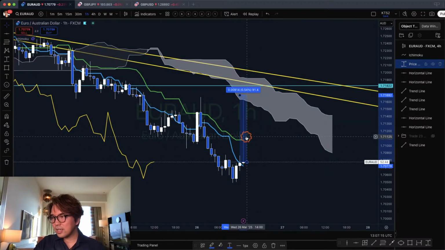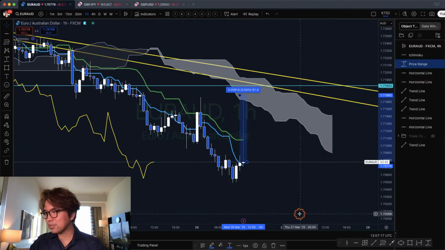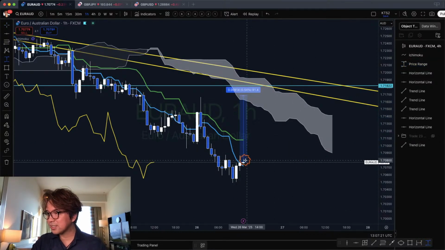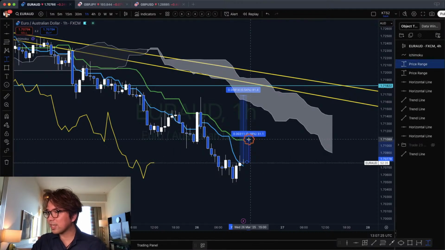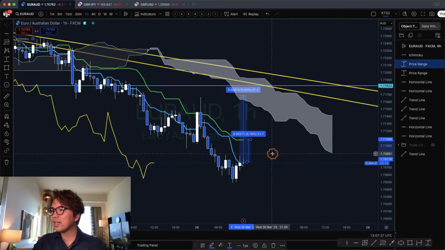And yes, in this case, Kijun Sen can be the stop loss because it has been downtrending. So if you put the stop loss on the Kijun Sen, it's going to be only 30 pips or 31 pips of stop loss, which is quite small. So that's better, so that you can execute the trade with a higher lot size, right?